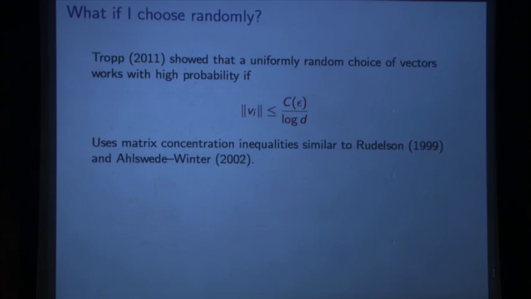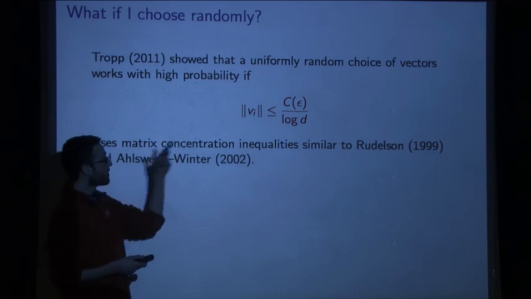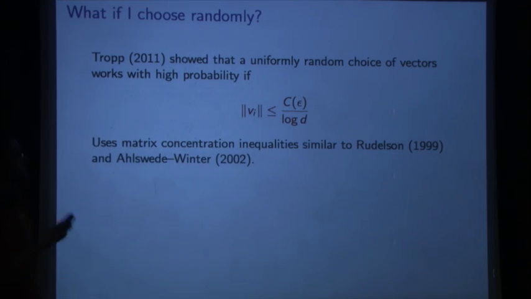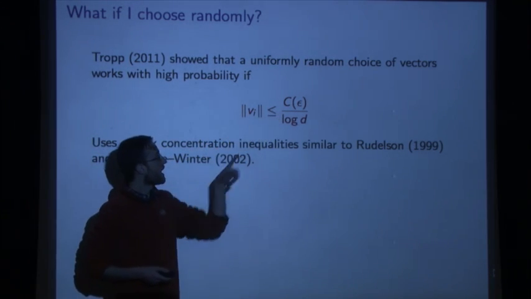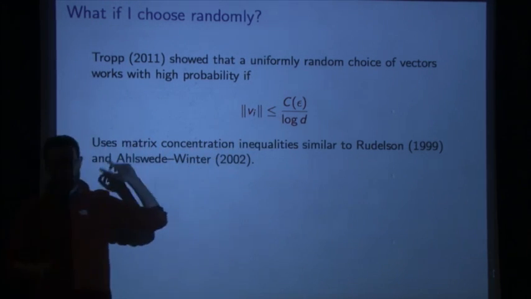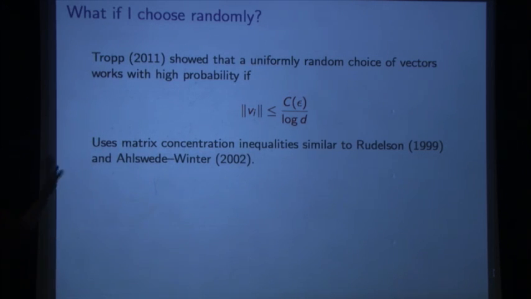So what if I choose randomly? I have this collection of vectors which sums to the identity. One thing you can do is just pick a random collection of them and see how good it is. And Joel Tropp in 2011 showed that if you pick this uniformly, with very high probability, you will get something that is almost Parseval, assuming that the norms of your v_i are less than or equal to some constant over log d, where d is the dimension.